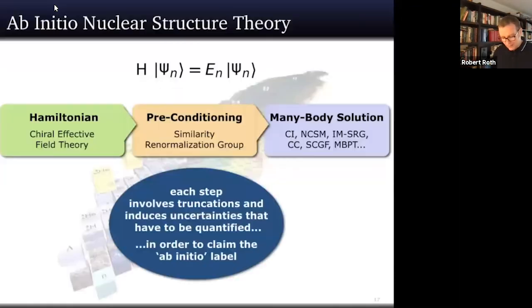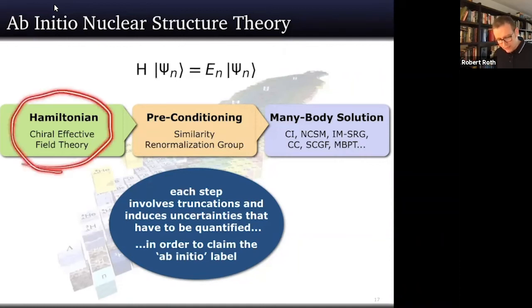So theory uncertainties come in at each and every step of our way. It starts from the Hamiltonian, from the chiral EFT, from the truncation of this expansion at a certain order, from the choice of regulators. All of these are uncertainties which are induced or generated at the very first step of your calculation. But that's not the last source.